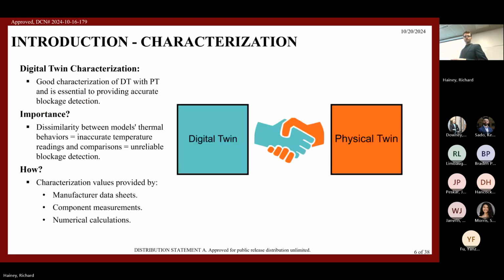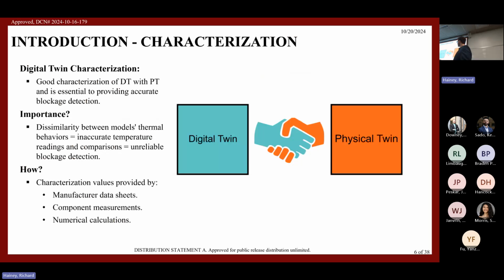So, of course, if you want a good physical twin system, you have to have good interconnection between the two models. They have to cooperate and respond to inputs the same way.